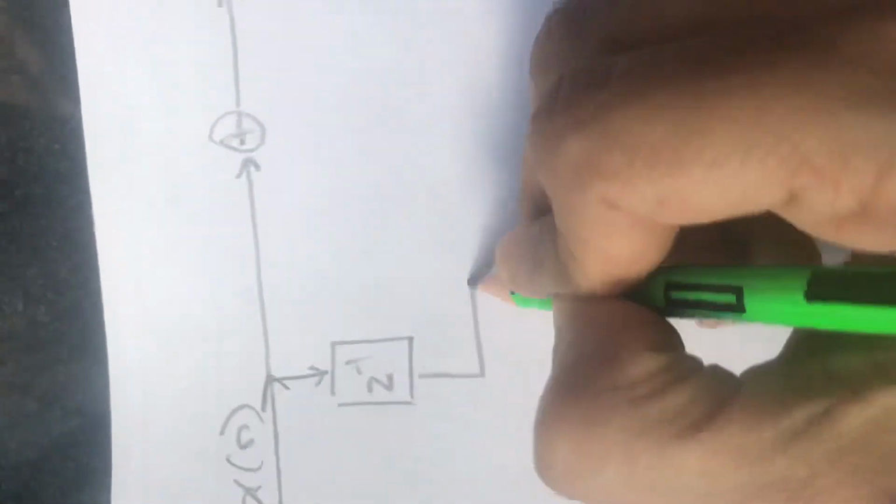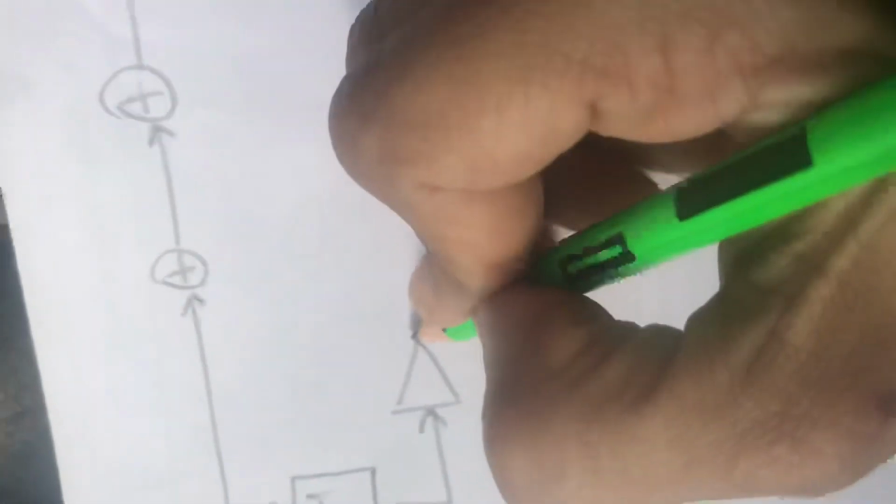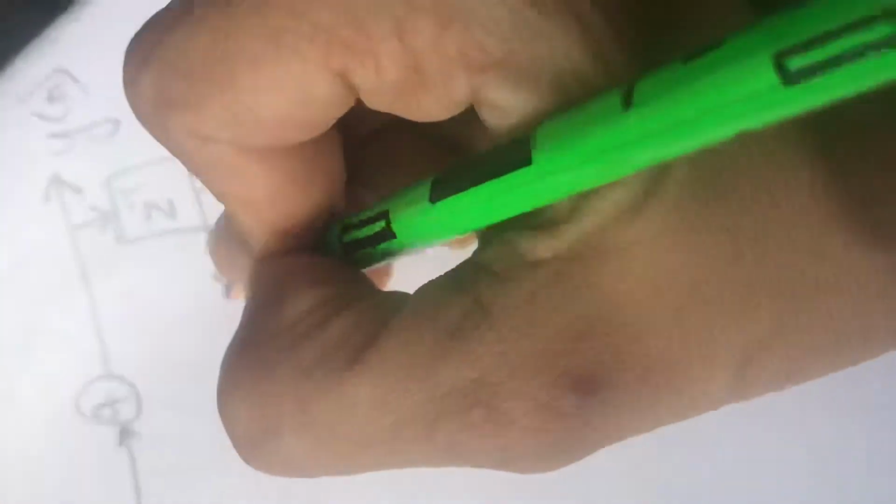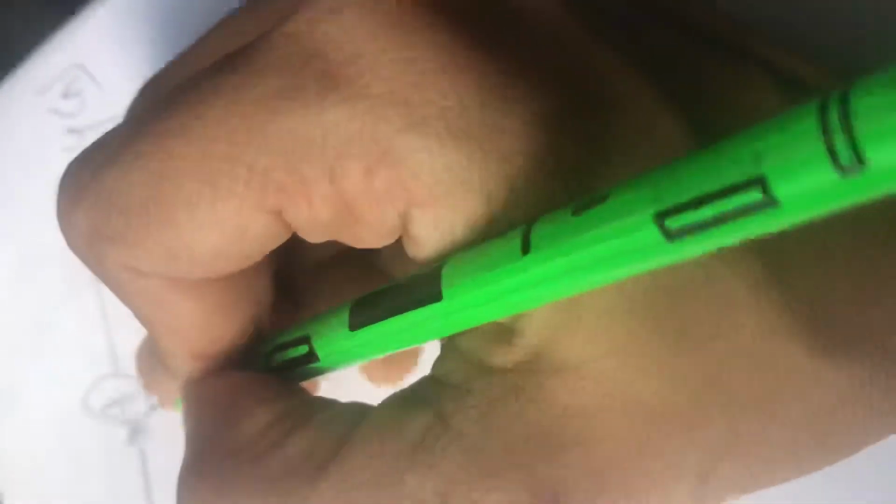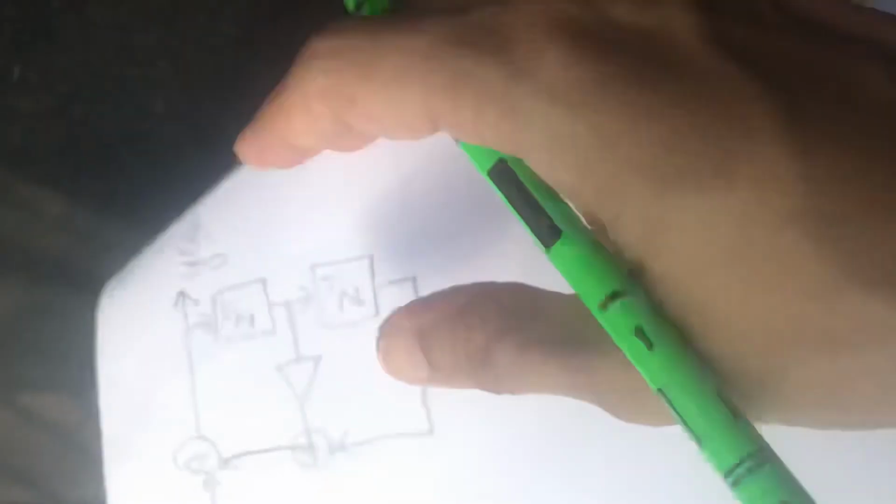X of n passed through a delay block, y of n passed through 2 delay blocks. The coefficient of this was minus 1 by 8.